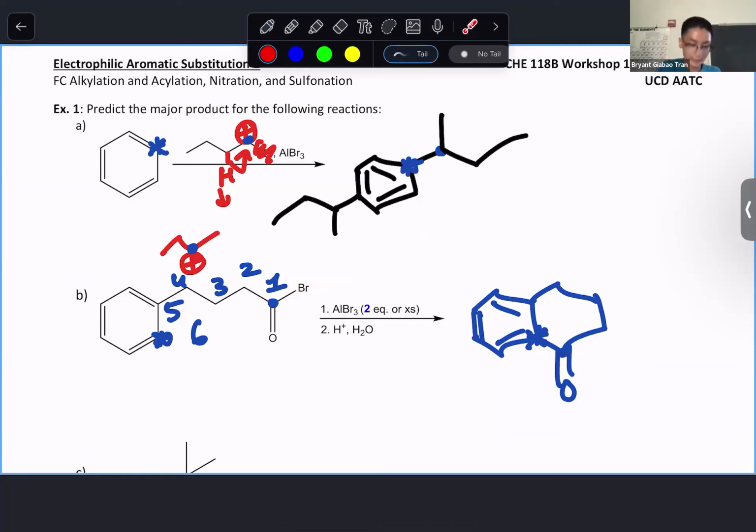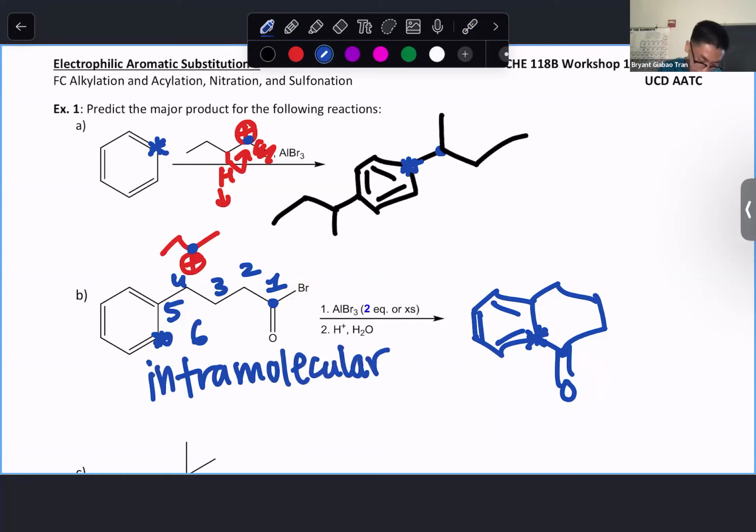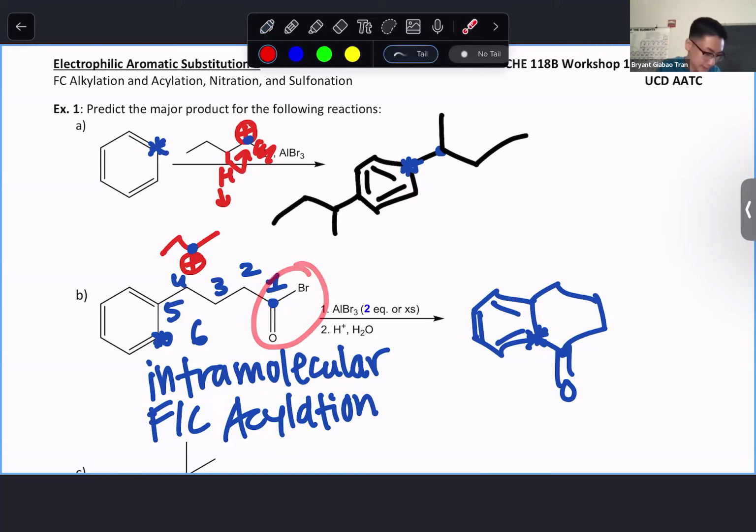So this was an intramolecular Friedel-Crafts acylation reaction. The example that I gave was an intermolecular Friedel-Crafts acylation, where the acyl group was separate from the benzene ring, with no connection between them. But in this case, the acyl group is in the same molecule as the benzene ring.